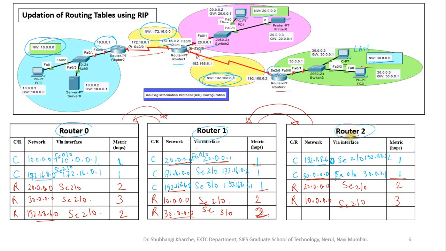Now here router 2 will understand that if router 1 can reach this 172.16.0.0 network with a hop count of 1, then it can also reach this 172.16.0.0 network via its serial interface 2/0 with a total hop count of 1 plus 1, that is 2. So in this way the routing tables will be updated using the RIP routing protocol.